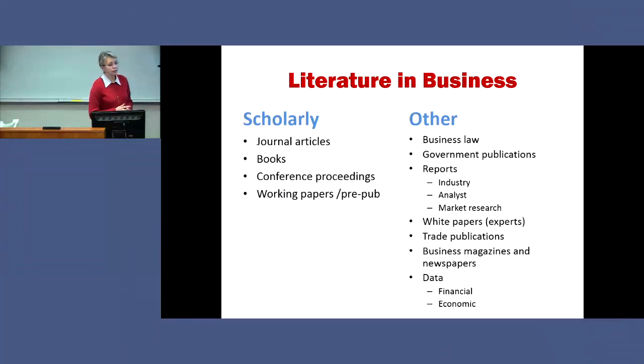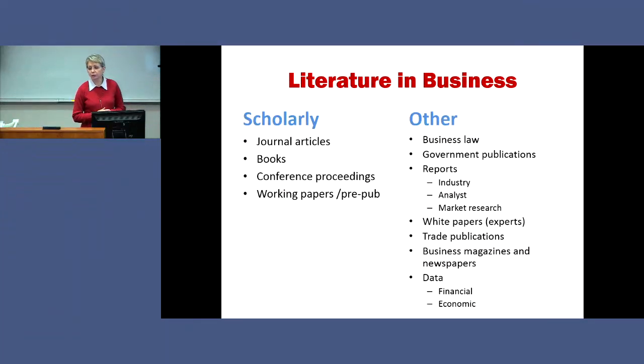We also have access to a variety of different reports, which are not technically scholarly publications, but they're authoritative publications produced by different agencies or market research firms or think tanks and so on. So we have access to industry reports, analyst equity reports, market research reports, country reports, and so on.